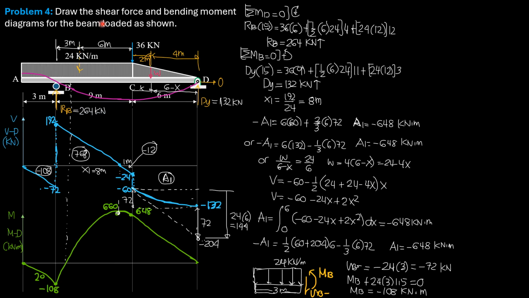Then finally, draw the shear force and bending moment diagrams for the beam loaded as shown. So summation of forces in x is 0, summation moment about D equals 0, clockwise positive.